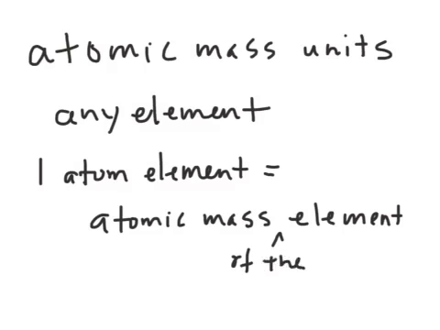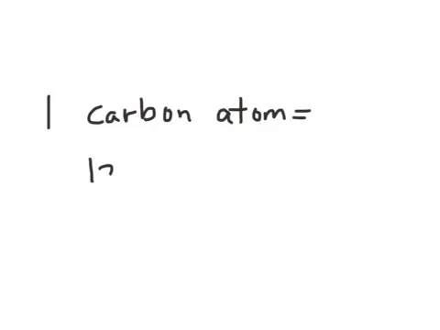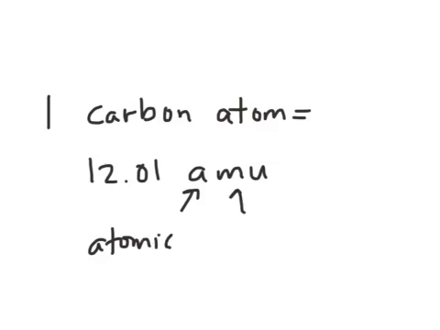Okay, so an example would be like carbon, for example. So one carbon atom equals 12.01 AMU. And this is just an abbreviation of atomic mass unit.